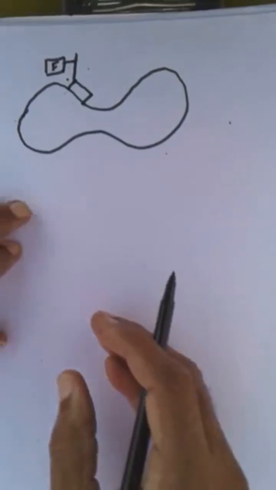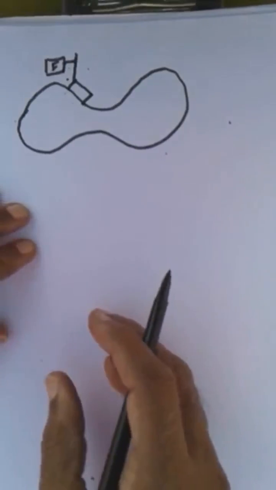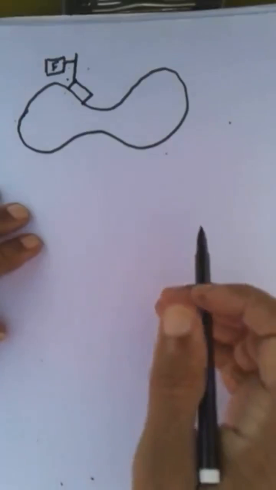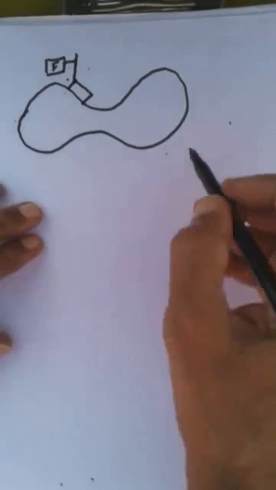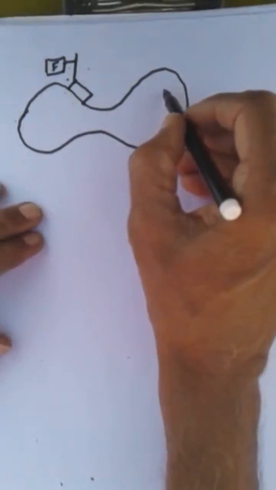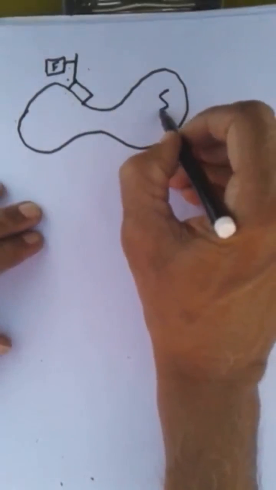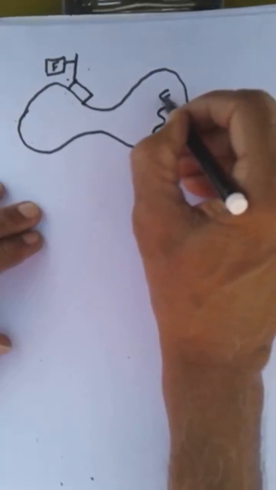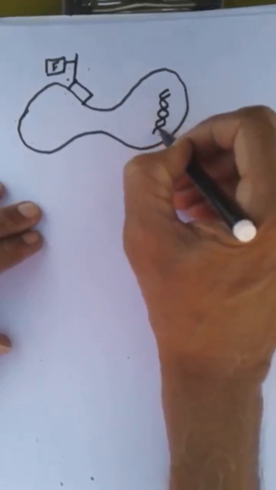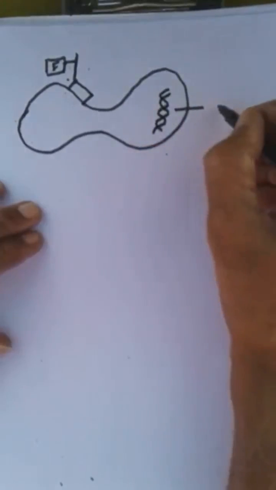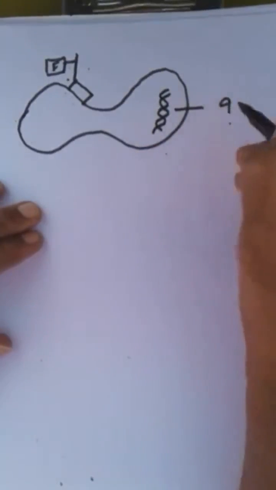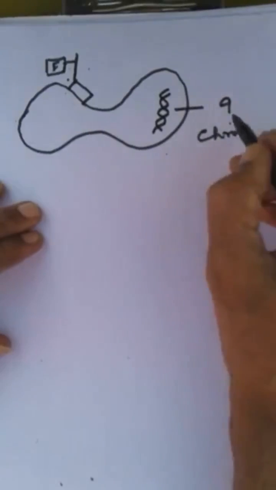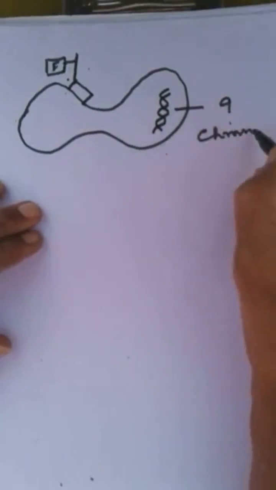In step number 3, there is a gene. Not gene number 9, chromosome number 9.